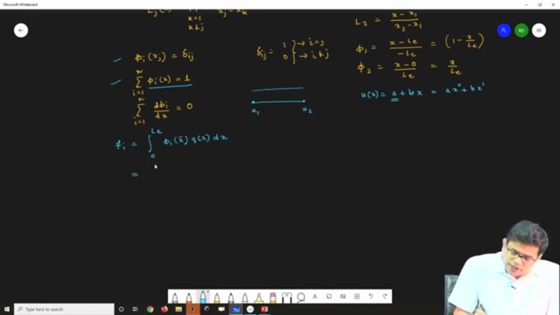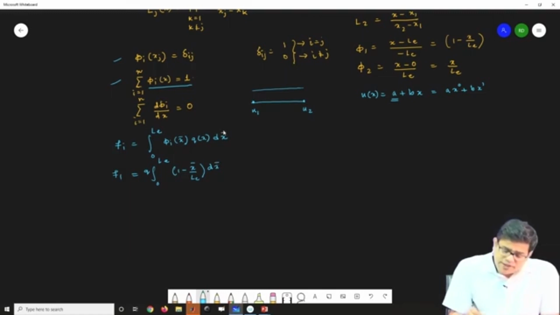Now if I integrate it, I will obviously substitute my phi i's. That is, f1 is something like the integral from x0 to LE of 1 minus x bar by LE times q. If I take qx as constant, then I can take q out, and then integrate over dx bar to find out the constant term in the problem.